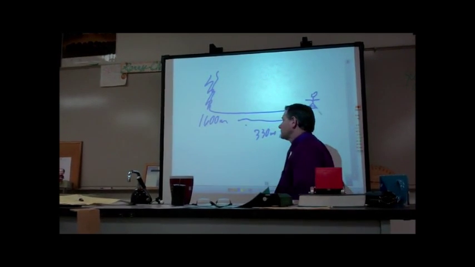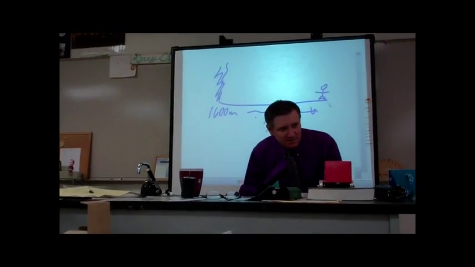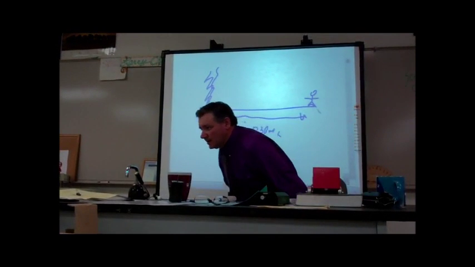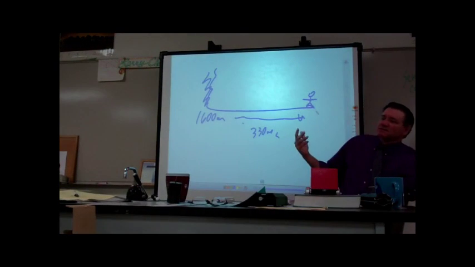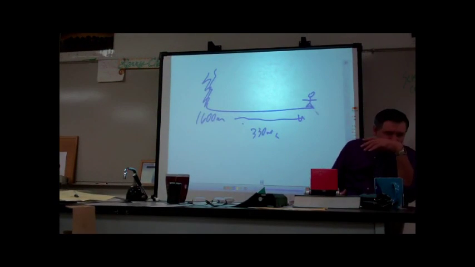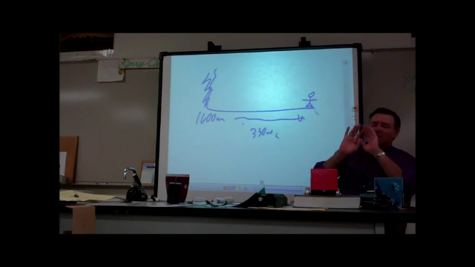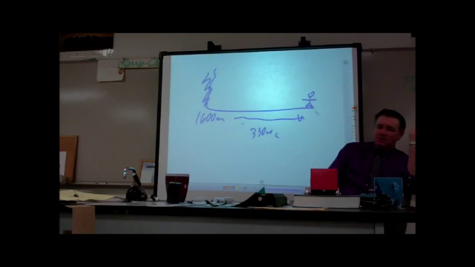We want to know roughly how long it's going to take for that thunder to get to you. Just looking at this, without doing any calculations, is it going to take more than a second or less than a second to get there?